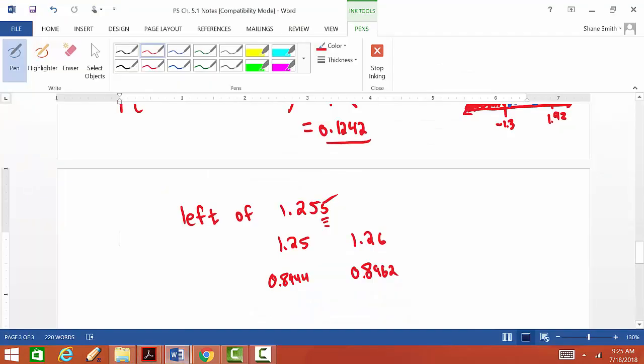So the answer, if I wanted to find the area to the left of this, the answer is these added together divided by 2, because that's how you find the average, right? And that's what you would have to do to find that, which I believe would be 0.8953, I think. Okay. So just keep that in mind if you see one of these with 3 decimal places.